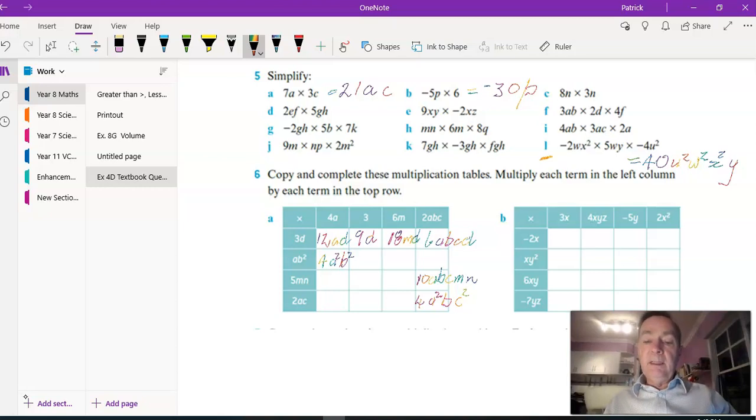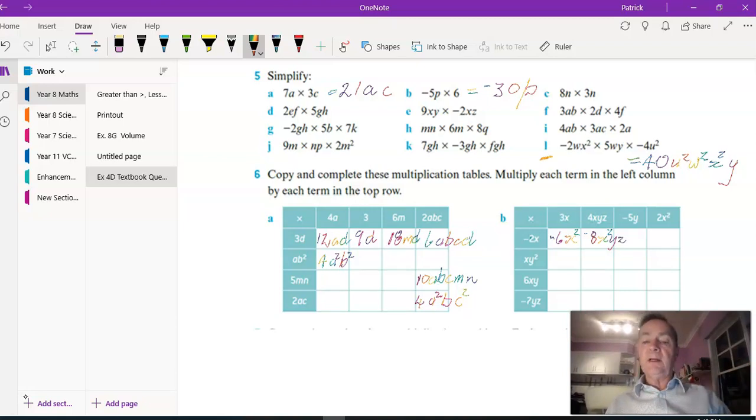Across in part B, we've got the same sort of grid, but what we have here are negative numbers. So 3 times negative 2x will be negative 6x squared, x times x, x squared. 4xy times negative 2x will be negative 8, and then we've got x squared, yz. So negative 8x squared yz.